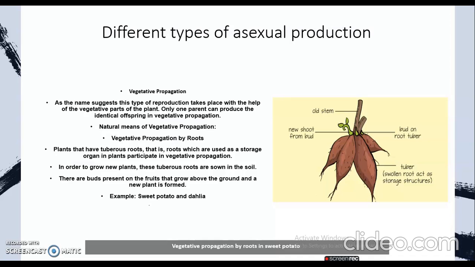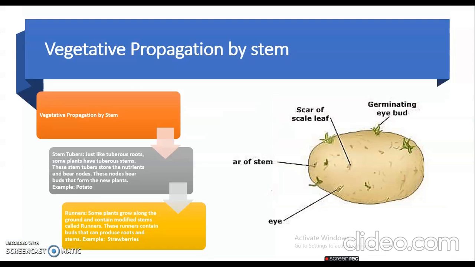So there are buds present on the roots that grow above the ground and a new plant is formed. Examples, sweet potato and dahlia. As you can see in the picture, there is the tuberous root, old stem, new shoot from the bud and the bud on a root tuber. So this is how vegetative propagation takes place in roots.